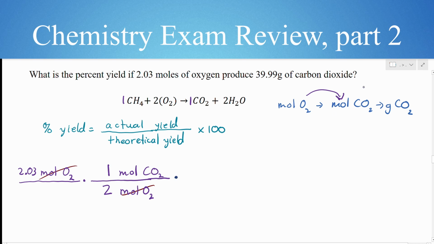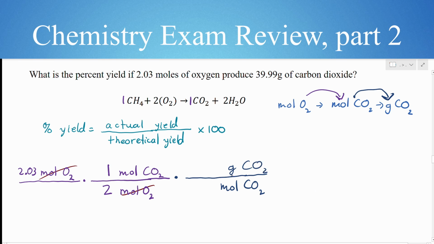Next, we're going to go from moles of carbon dioxide to grams of carbon dioxide. This conversion is going to use the molar mass of carbon dioxide. So here in our new fraction, we want to cancel out moles of carbon dioxide, so we'll put that unit on the bottom. And on top, we'll have grams of carbon dioxide.